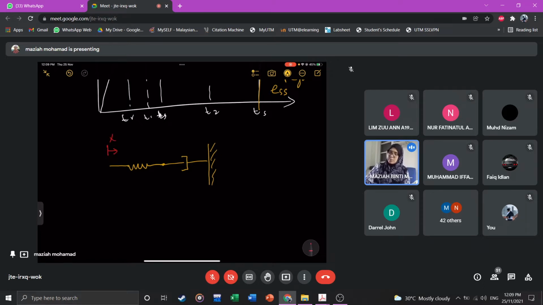We have the input xi, and then we want to see how the displacement at this point here. And then we apply unit step input.